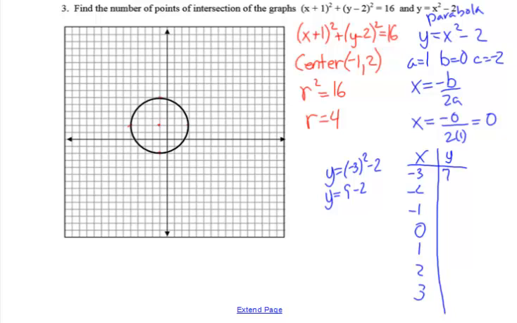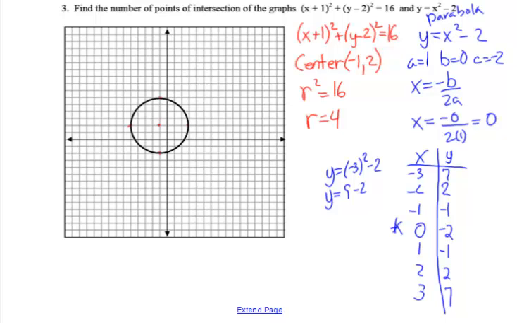And you could keep doing that. So I'm going to use my graphing calculator just to get those values. Recognizing that here's the axis of symmetry, I know I've already got my other 3 now, negative 1, 2, and 7. And let's see if that's going to be enough for us to get the points of intersection.